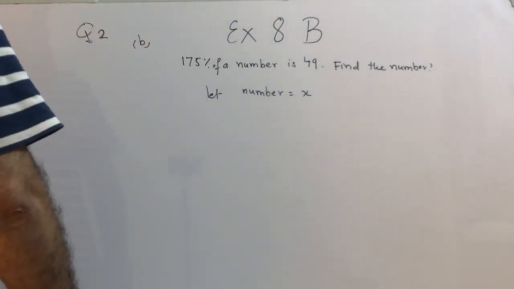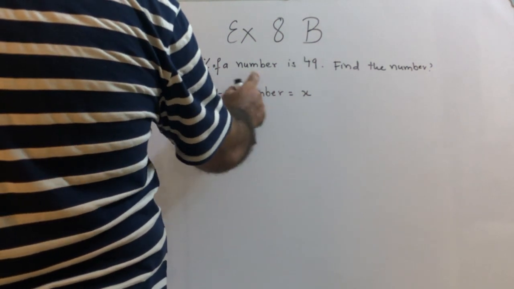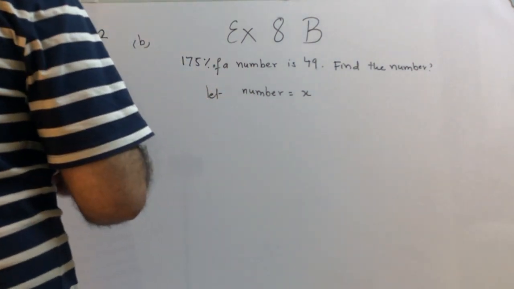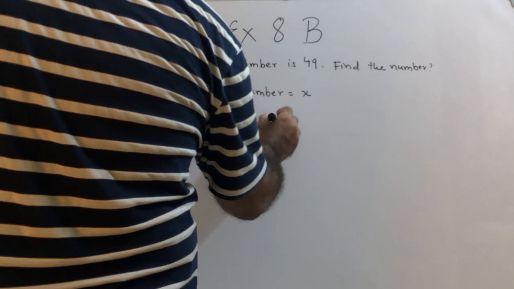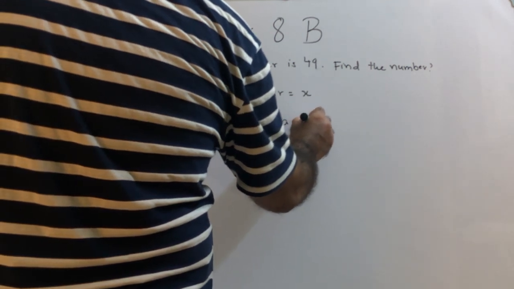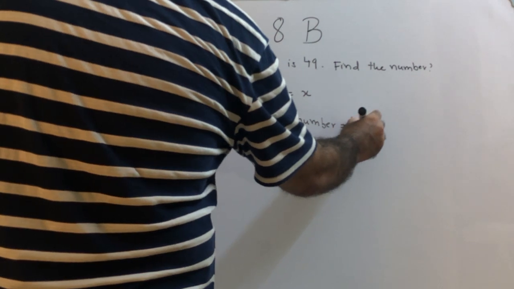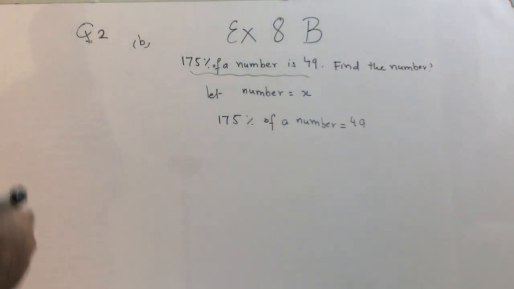But we know that if we take 175% of x, the number is x, 175% of the number. So it is mentioned that 175% of a number is 49.